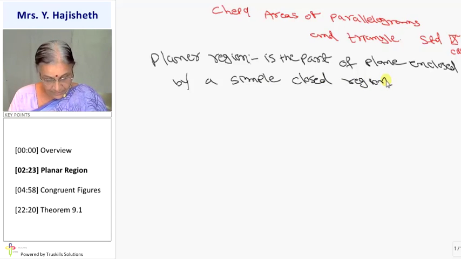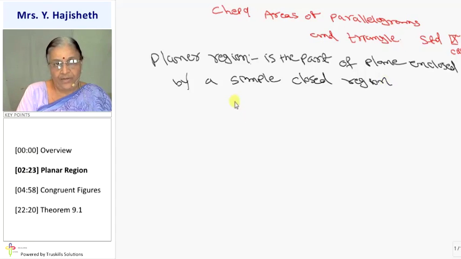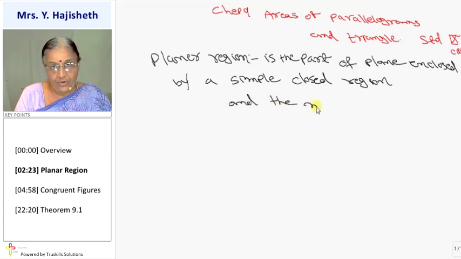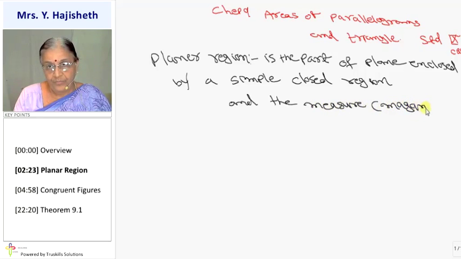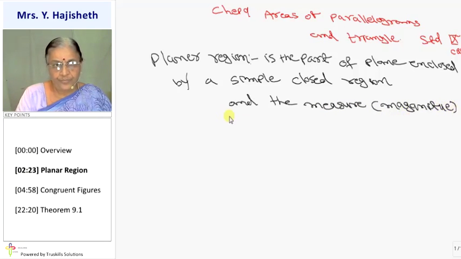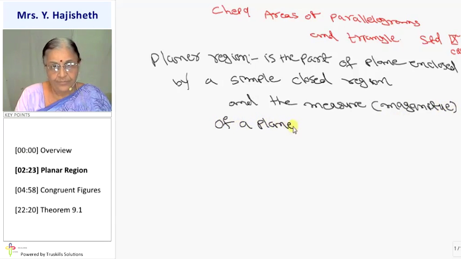And what is the area now? The measure, or in other words we can say measure and magnitude of a planar region is called area.